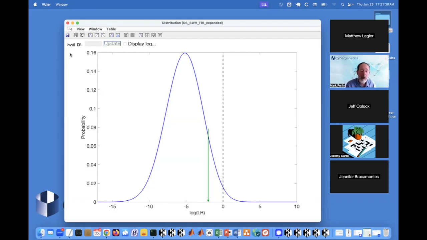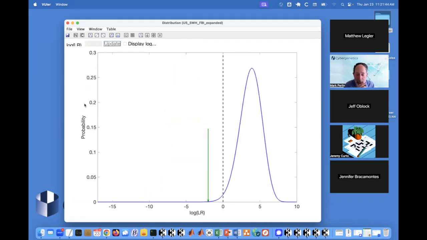The distribution of non-contributors is showing where he's falling in that. And then the question is, what if he actually was a contributor, but this evidence is misleading?